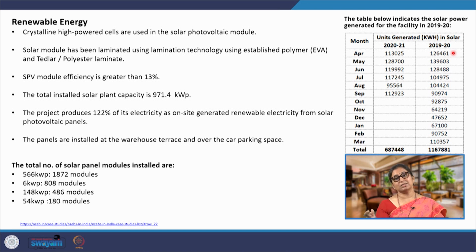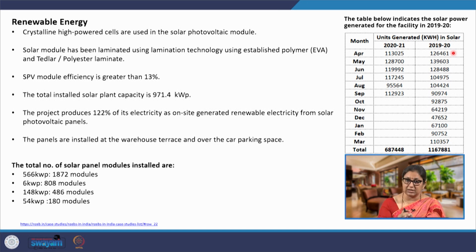Now, in all these three case studies that I have shown you, we have seen similar strategies being used, and that is how we will reduce the scope 2 emissions in any building: reduce the energy consumption and produce whatever energy is being consumed on site itself.